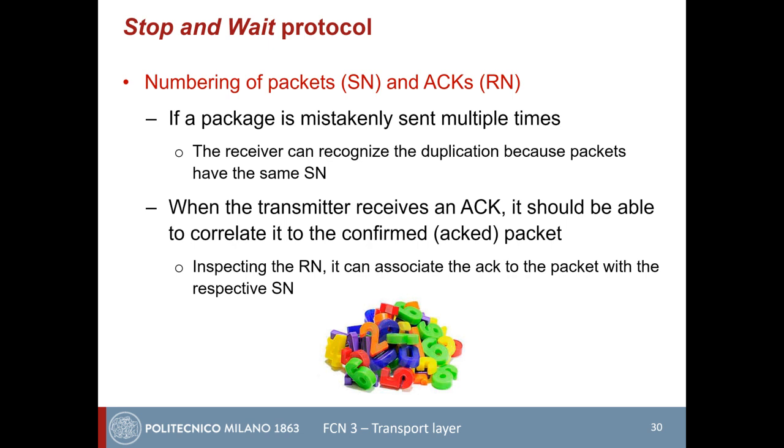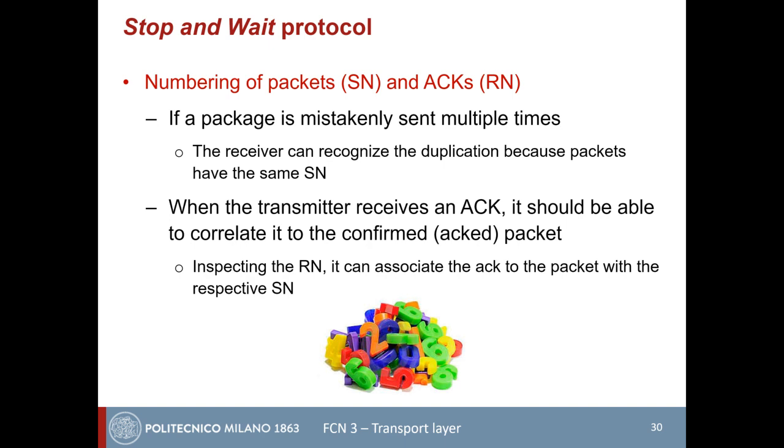Because when the transmitter receives an ARQ, if it is numbered, so if it has a number of the sequence RN, then the transmitter can compare this number to the sequence numbers of the packets it has transmitted. So you can understand which packet is related to the specific ARQ.